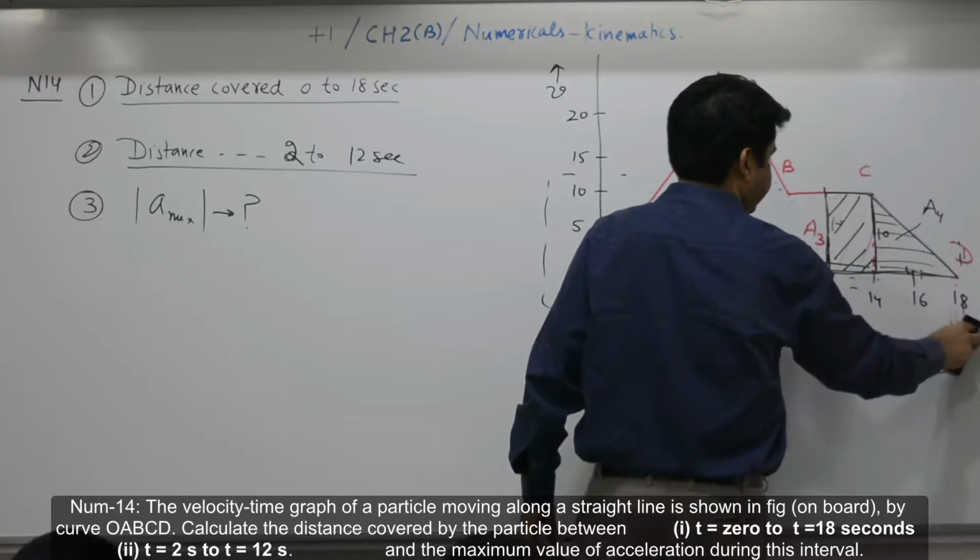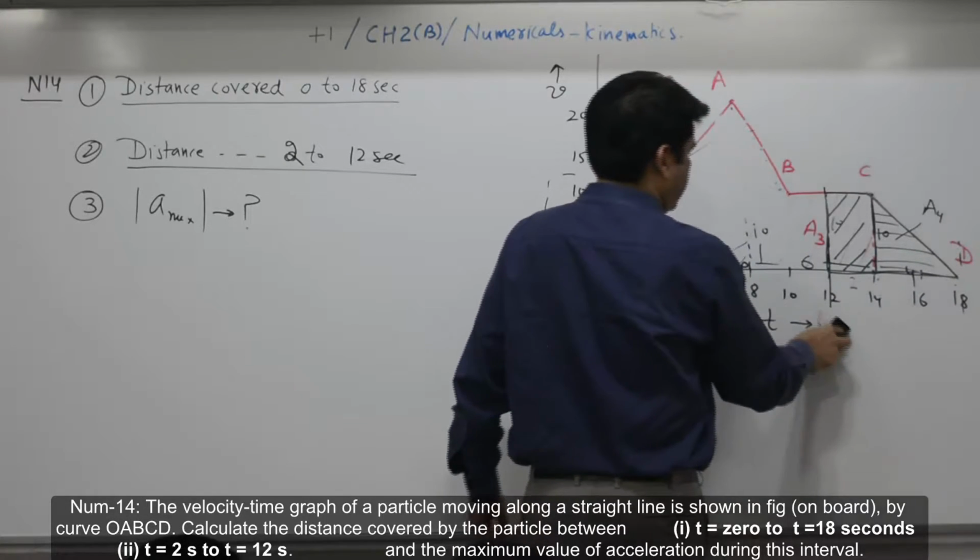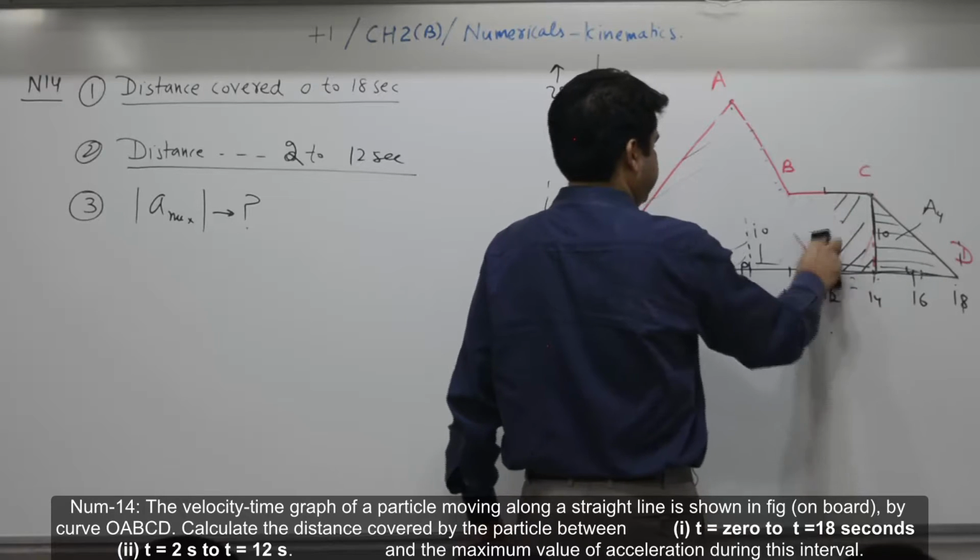How do you find acceleration from a velocity time graph?